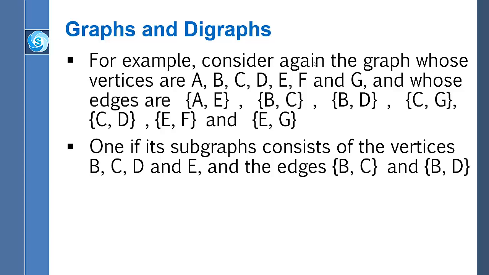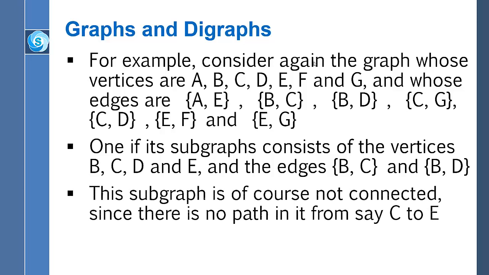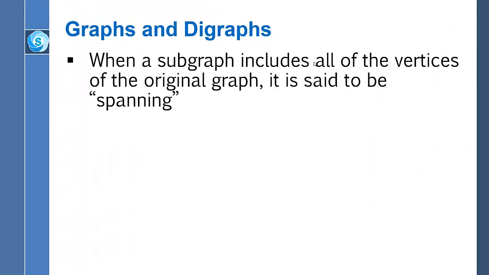You might think that it would be automatically part of the subgraph. It is not automatically part of the subgraph. So I say this subgraph is not connected, neither does it use up all the edges that it could possibly use among the selected vertices. So this idea of a subgraph is really quite general, the only restriction being that selected edges have to connect selected vertices.